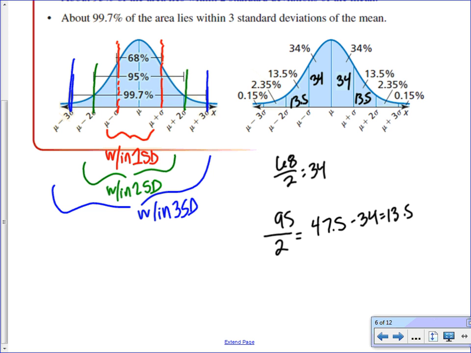What I did was I just did 34 times 2 plus 13.5 times 2 plus 2.35 times 2, and that came out to be 99.7. 99.7%, which is that percent we gave us. And then Faith, you could use your method, which is divide 99.7 by 2 and subtract the 2 that we already knew, 13.5 and 34. Okay, so that would work. And then what's that 0.15?